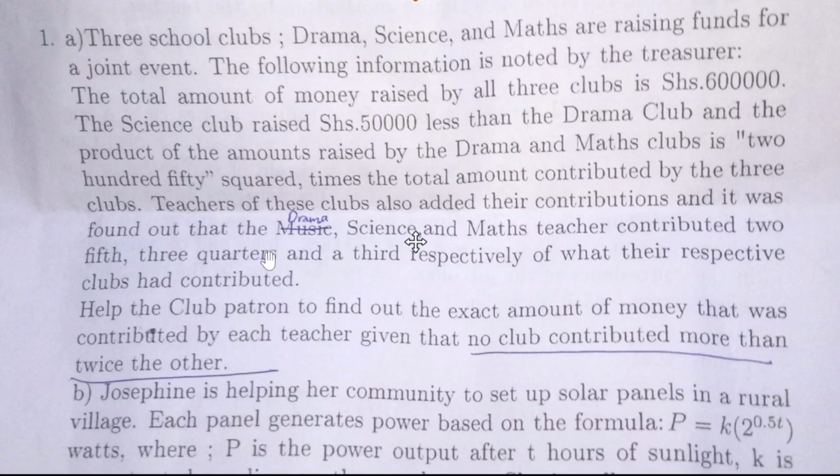So the contribution of teachers was a fraction of the total amount that each club contributed. For example, the drama teacher contributed 2/5 of the amount that the drama club contributed.